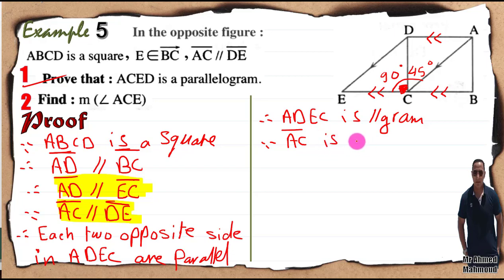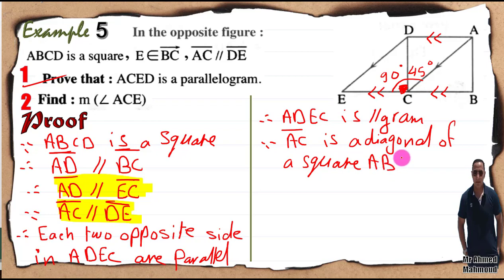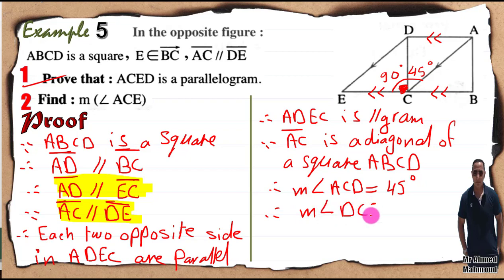So also since AC is a diagonal of the square ABCD, therefore the measure of angle ACD equals 45 degrees, and the measure of angle DCE equals 90 degrees.